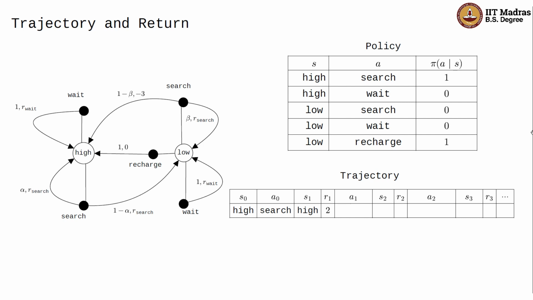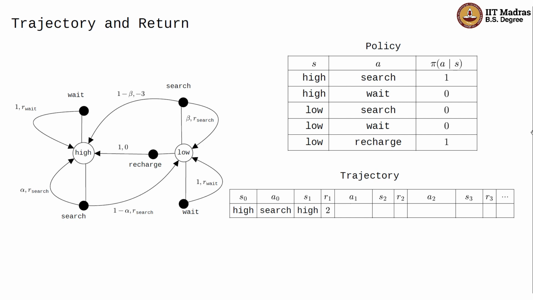Notice that this 2 here is not the expected immediate reward. It's actually the number of cans that you collect. So this 2 should not be equated to R search. It's actually a sample from this particular MDP. You have sampled a reward from this reward distribution. It's not the expectation. Here it concretely means 2 cans have been collected while searching.